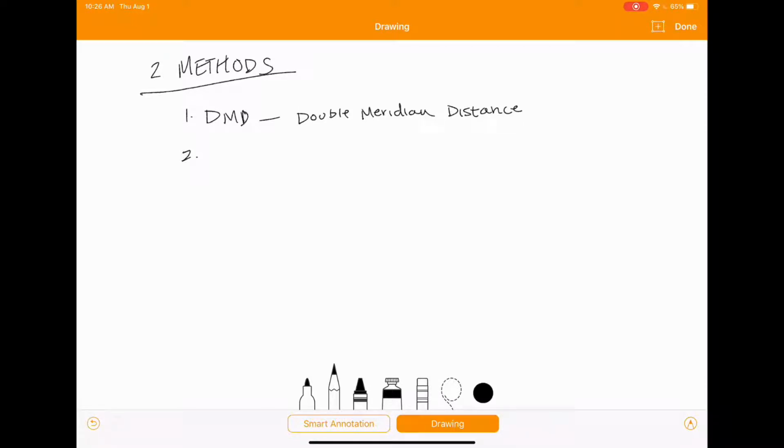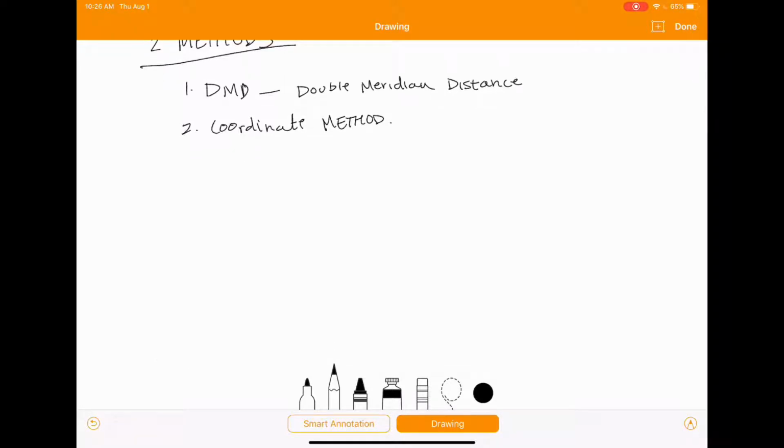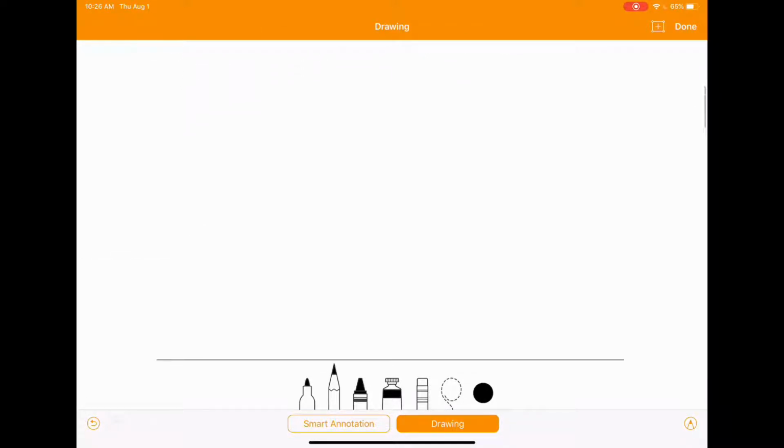The second method is going to be by the coordinate method. So I think the best way to demonstrate both of these is to just run through an example together.